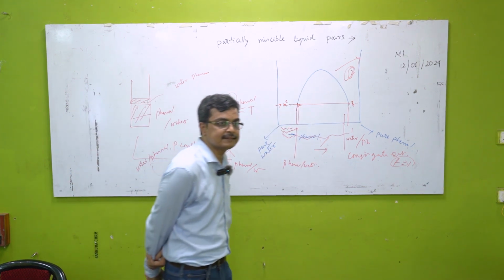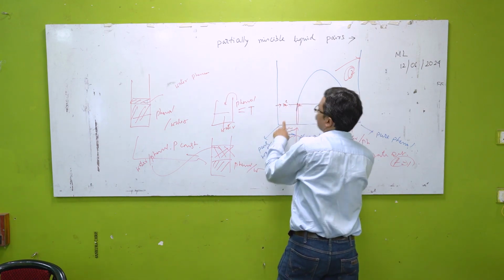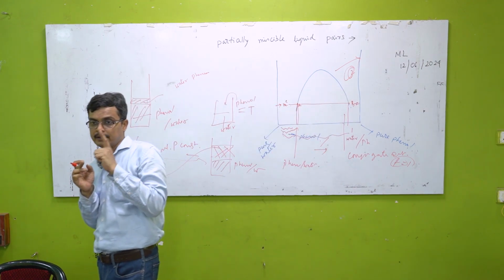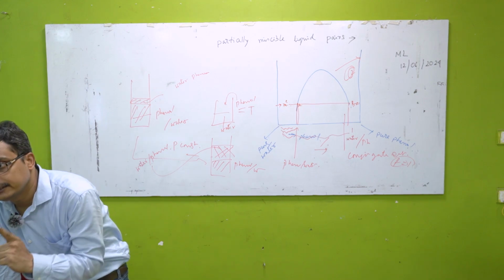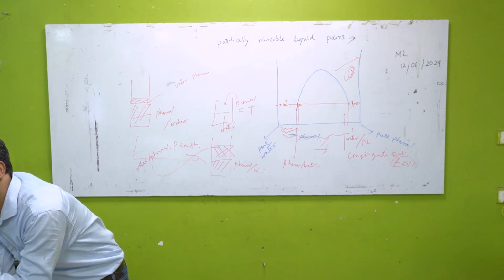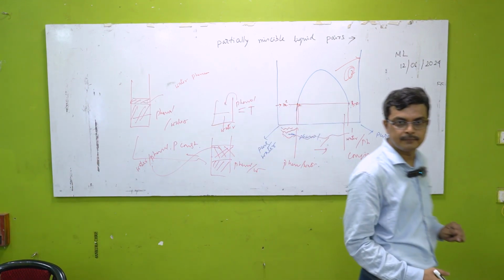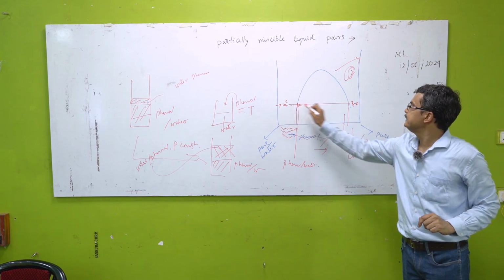So this is the sequence. When you come from C to, suppose, F, you go from one solution, a one-phase system, to two solutions, a two-phase system, and again into a one-phase solution. Now my question to you is: can you come from C to F?